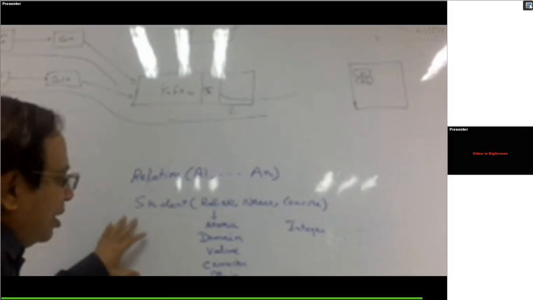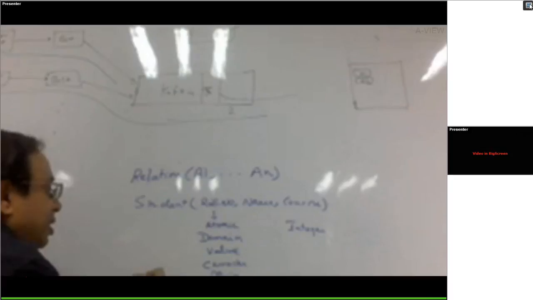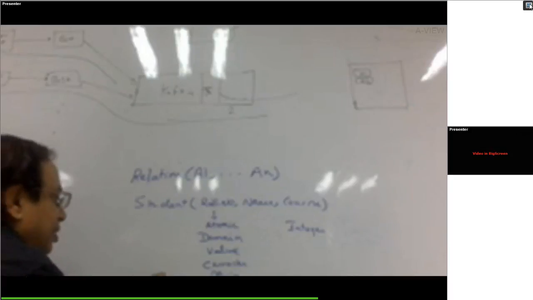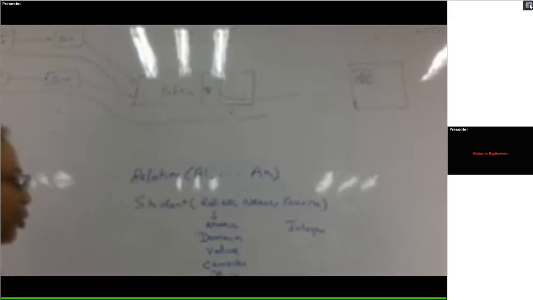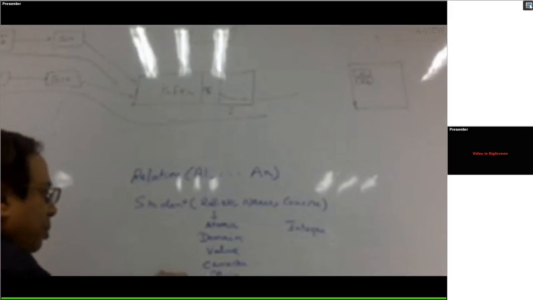Now, each of these relations can take a set of instances, basically a tuple taking a different value for each of these attributes.